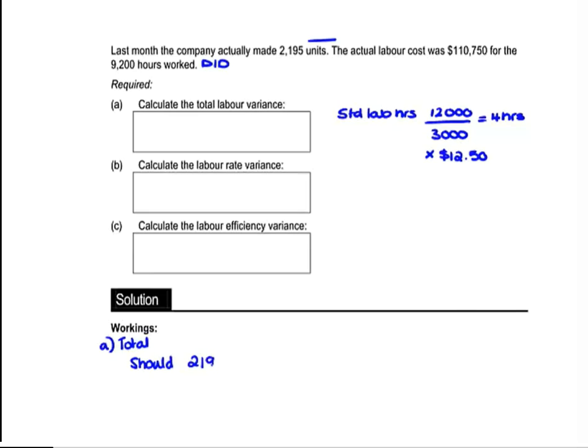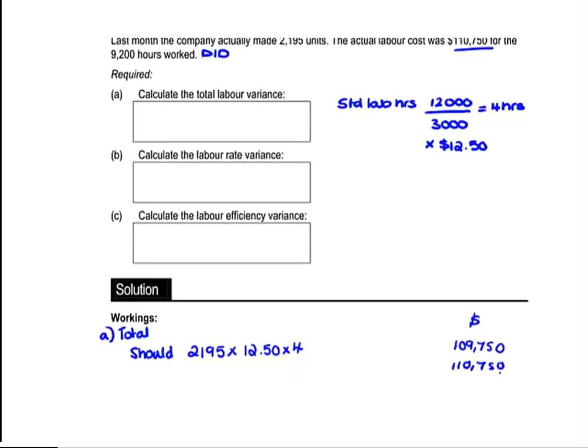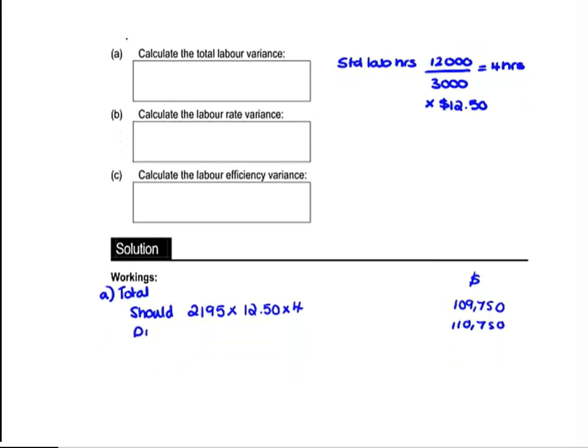We made 2,195 units, and each one should take 4 hours at $12.50. So we should have been looking at a labour cost of $109,750. Actual labour cost, though, was slightly more than that, $110,750. So that means we've got a total variance of $1,000 adverse.